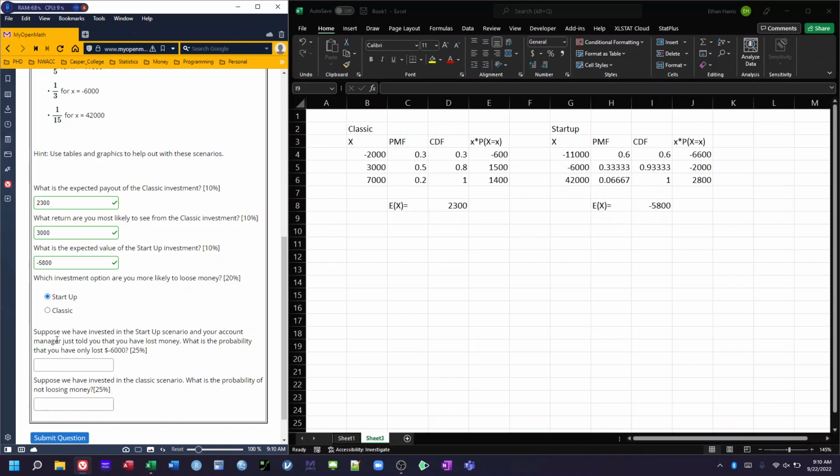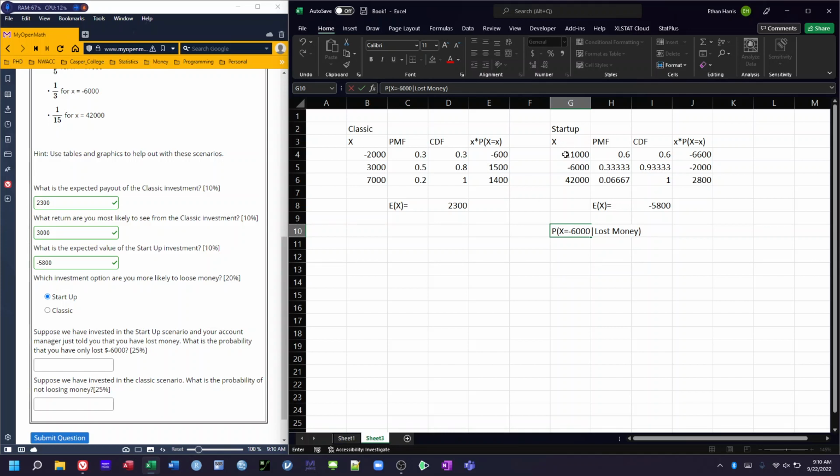Okay, suppose we have invested in the startup scenario, and your account manager told you that you have lost money. What is the probability that you have only lost $6,000? In order to do this one, this is a given statement. The probability that the random event is equal to negative 6,000, given that we have lost money.